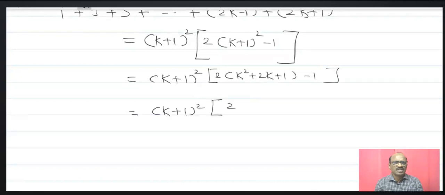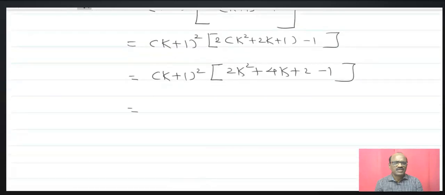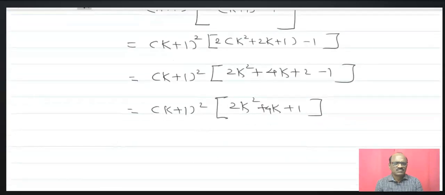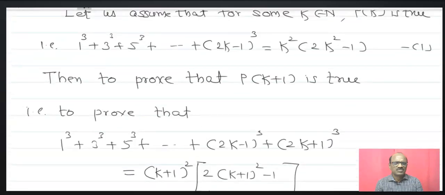That is k plus 1 bracket square, 2k square plus 4k plus 2 minus 1, and solve that. k plus 1 bracket square, 2k square plus 4k plus 1. It is in step number 2.